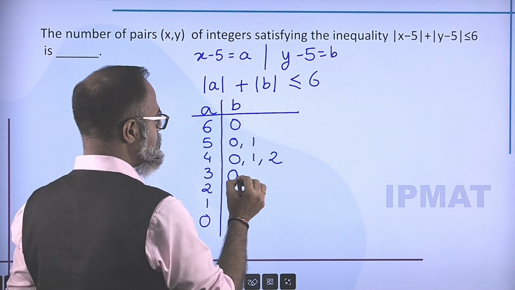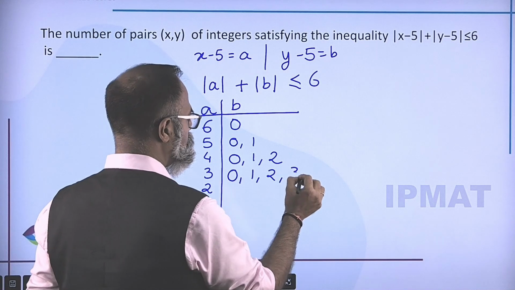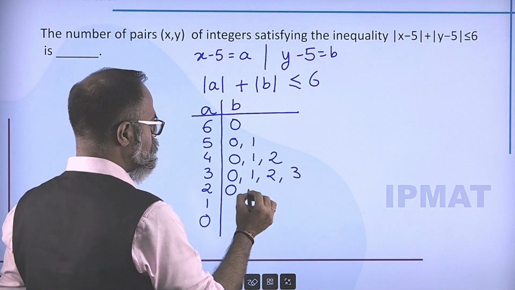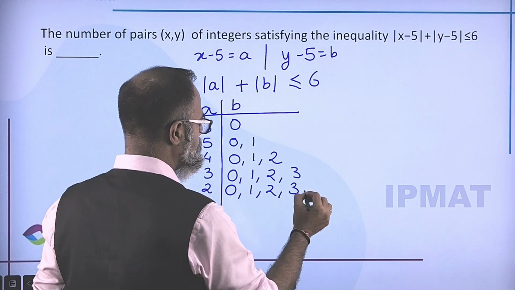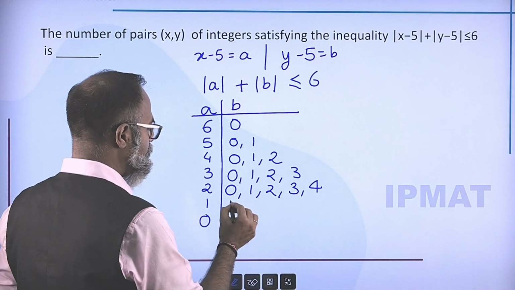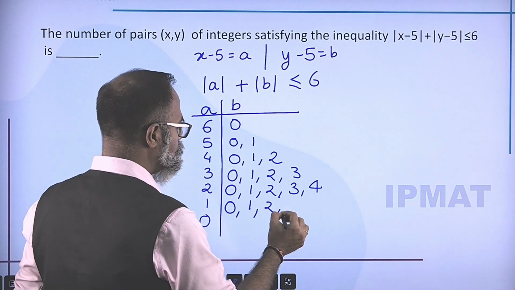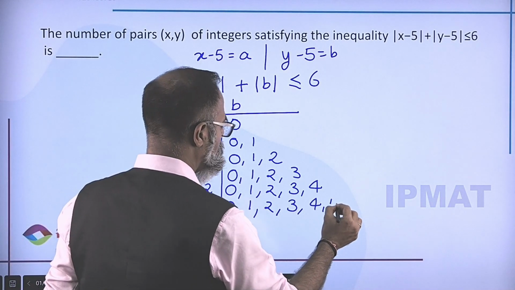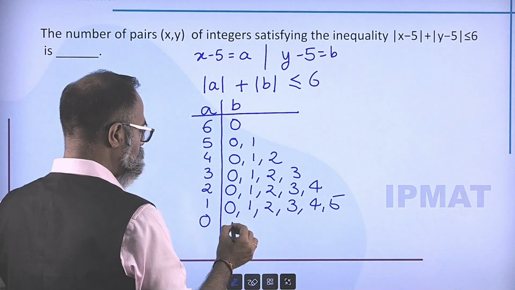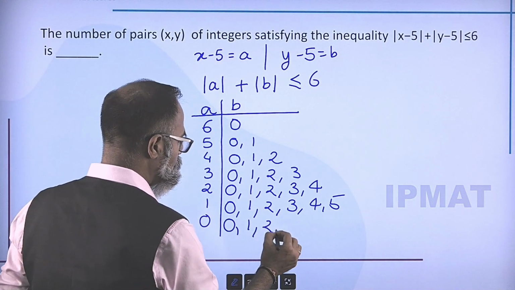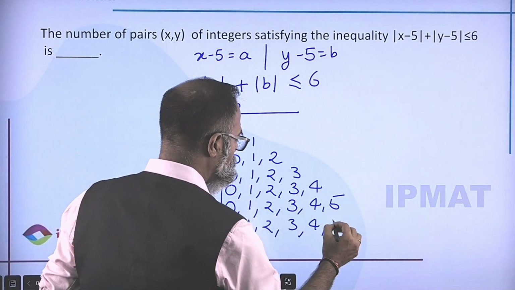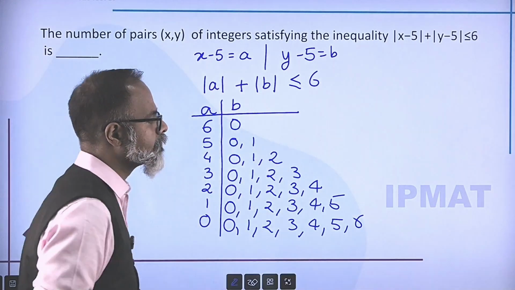Similarly for 3, 0, 1, 2, 3. For 2, 0, 1, 2, 3 or 4. For 1, 0, 1, 2, 3, 4 or 5. And for 0, I can have 0, 1, 2, 3, 4, 5 or 6, right?